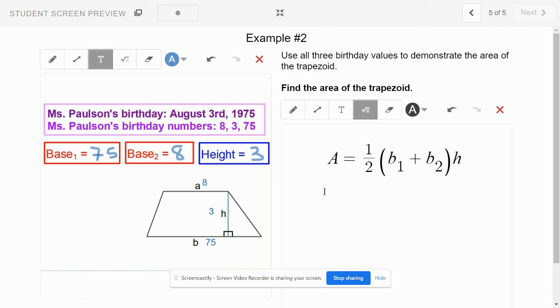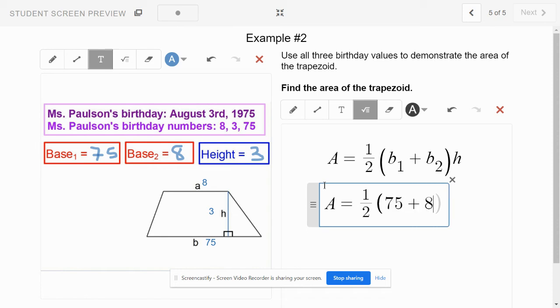So now I'm going to substitute my values. A equals 1 divided by 2, parentheses, 75 plus 8, and then times my 3, my height. So now I'm going to go to my calculator. I'm going to add 75 and 8, and then I'm going to divide by 2.